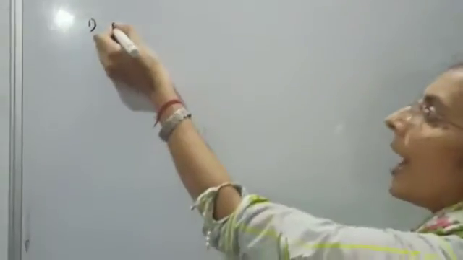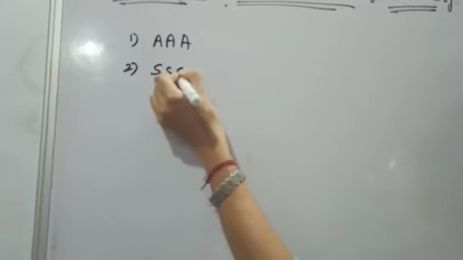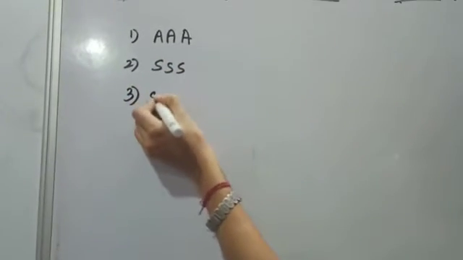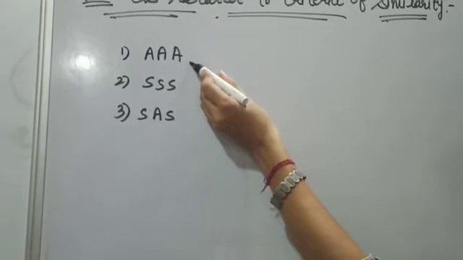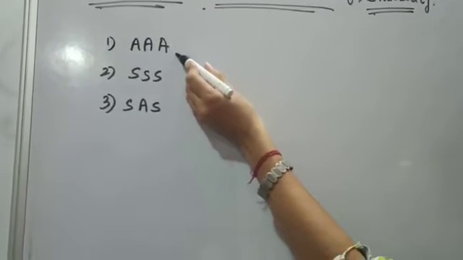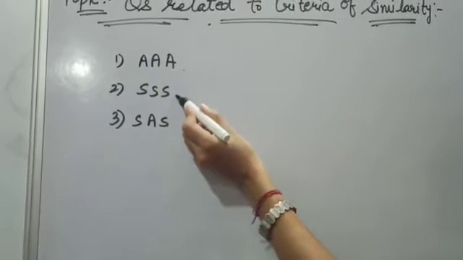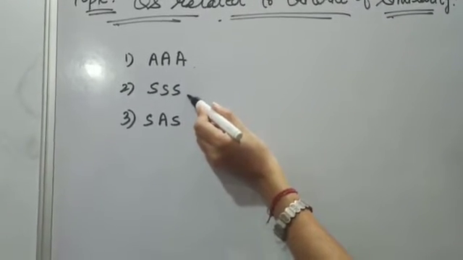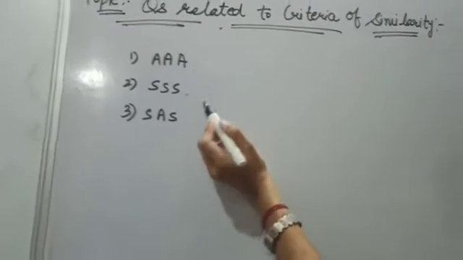There we have discussed three criteria. One is the angle criteria, second is the side criteria, and third is the side-angle-side criteria. In the first one, if two triangles have all angles equal, then we can say the triangles are similar. In the second, if all the sides are in the same proportion, then we can say the triangles are similar.